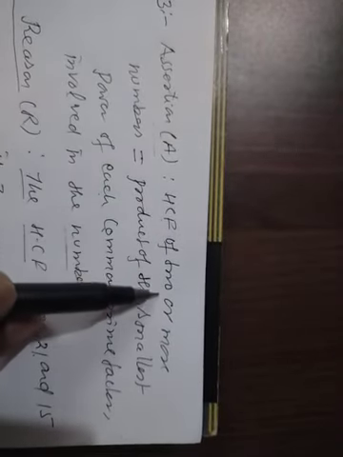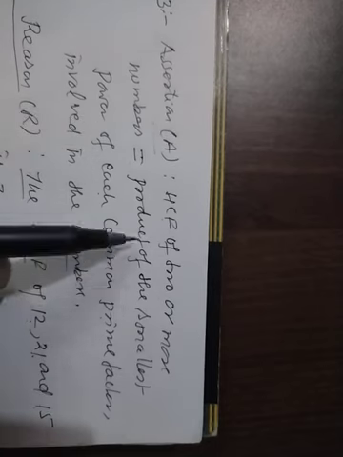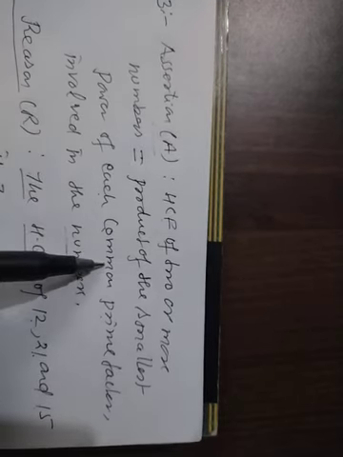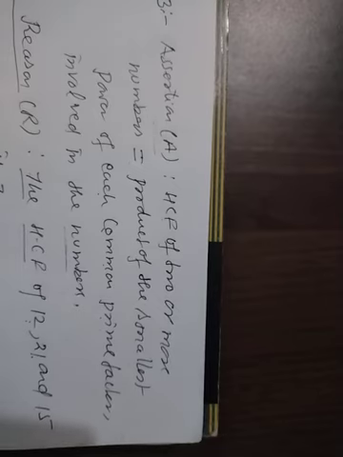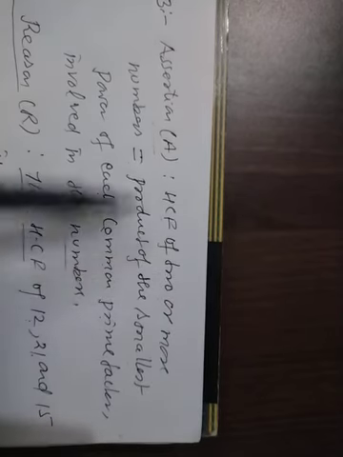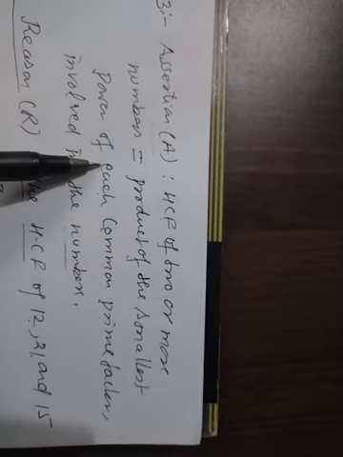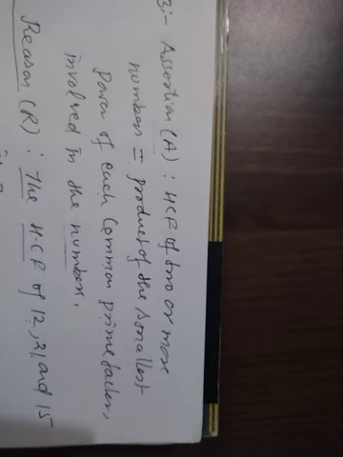You read once again. Assertion A: HCF of two or more numbers is equal to the product of the smallest power of each common prime factor involved in the numbers. So a, a square, a cube are the three numbers. The smallest power of a is 1. So the HCF is a.